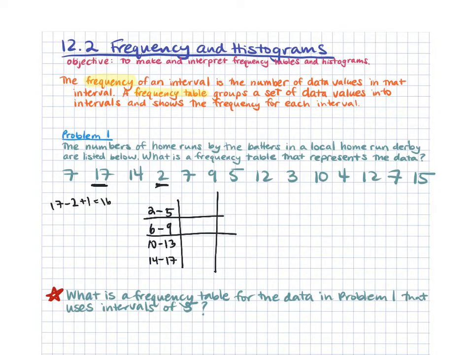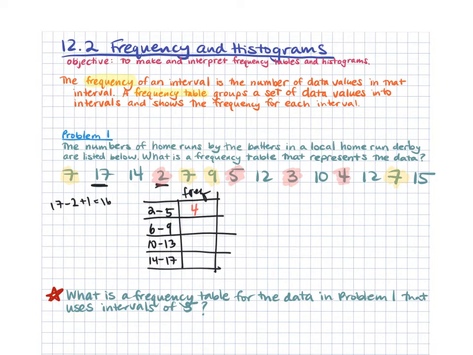And then on this side of the table, we're going to do our frequency. So how many numbers are between 2 and 5? We can look through here and see we have 1, 2, 3, 4. So there are 4 of them. And then if we move on to those between 6 and 9, we have 1, 2, 3, 4.